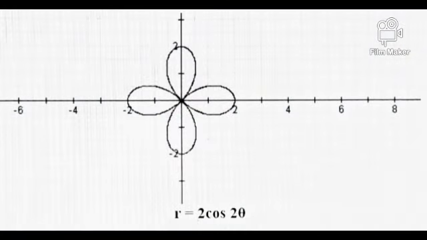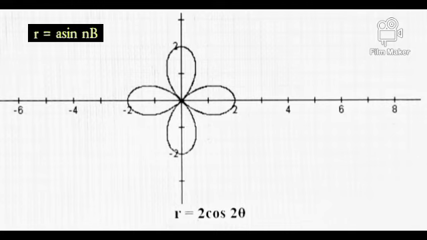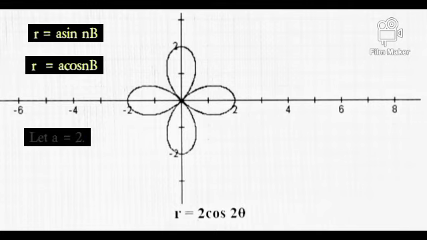Again, the polar equation of a rose or roses is either r equals a sine nb or r equals a cosine nb. And we fix now the value of a to 2, that is a equals 2.